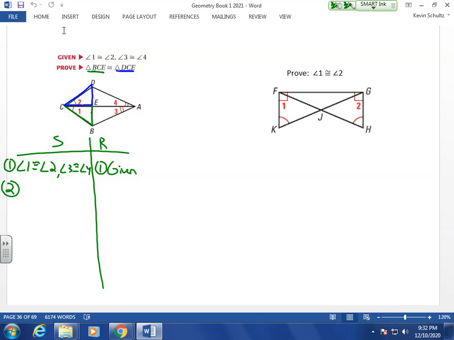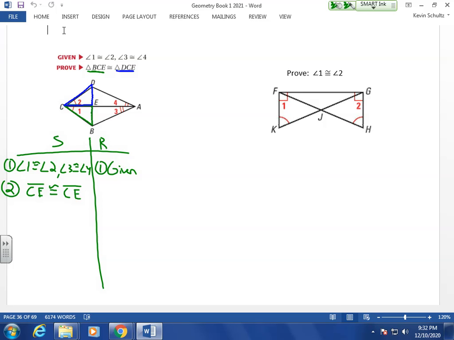Step 2. All right, I'm just going to get out of the way. I'm going to say that CE is congruent to CE. It's congruent to itself. In this case, it is CE and CE because of the way the triangles are positioned there.